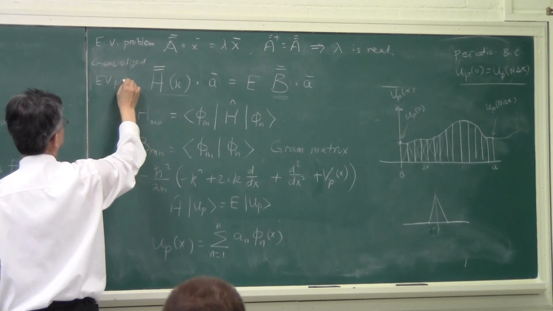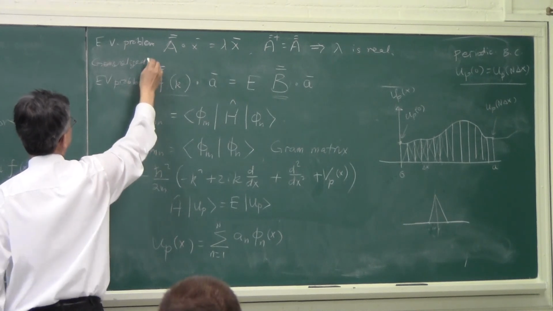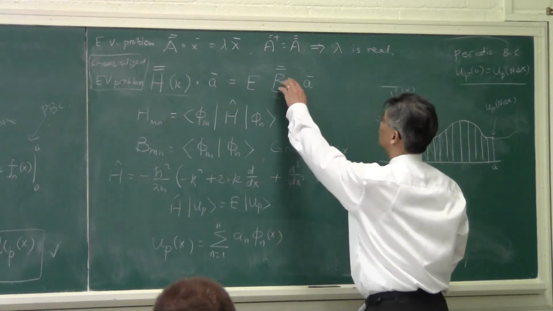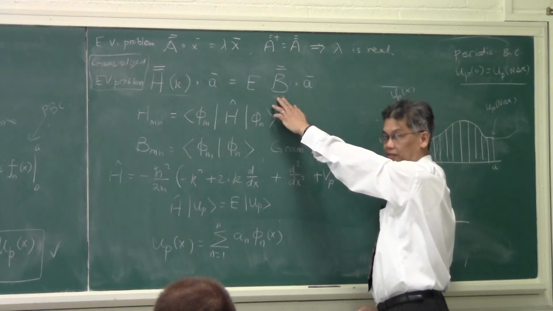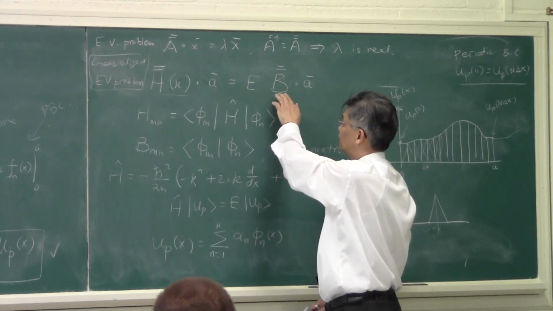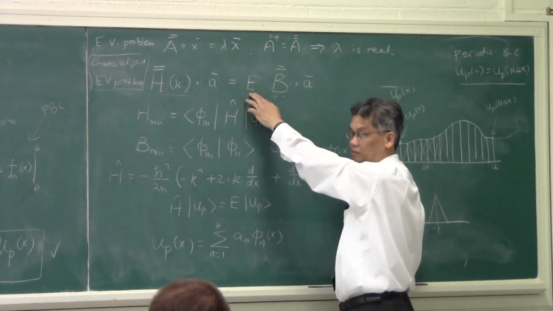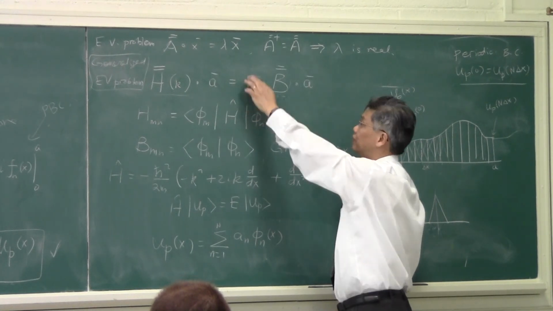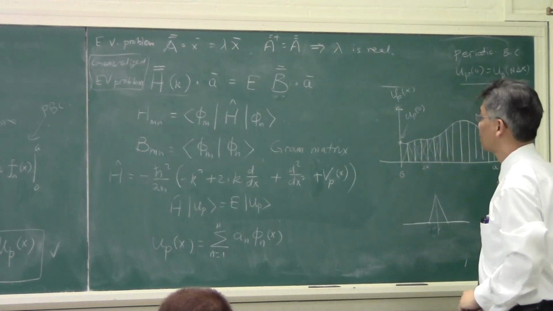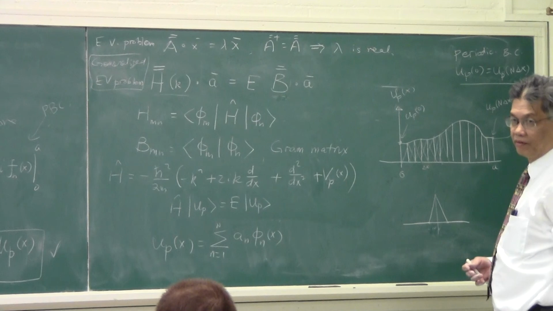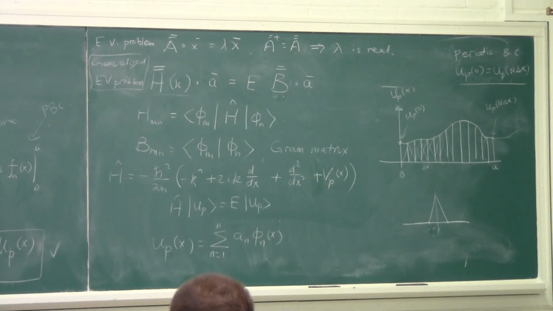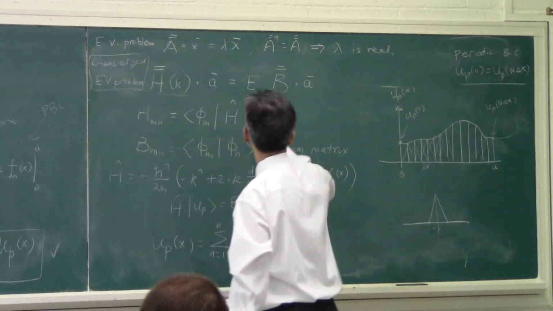When you have this B on the right-hand side not being an identity, this is called a generalized eigenvalue problem. You can easily prove that if B is Hermitian and H is Hermitian, E has to be real. I won't go through the proof. It is very similar to the proof that we did for the Hermitian case. So E has to be real. And E must be a function of k because H hat is a function of k.